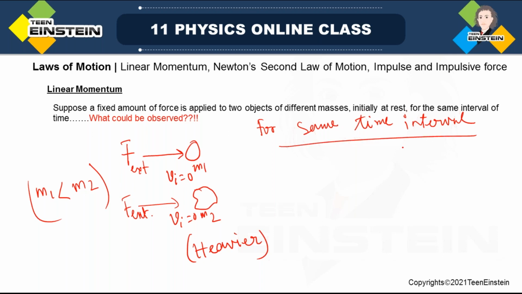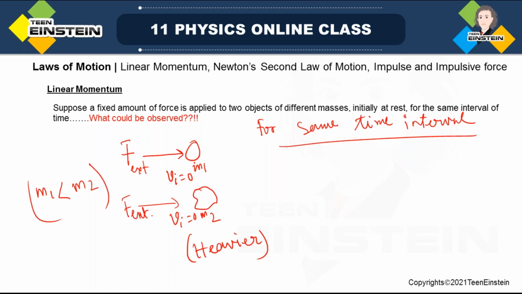Okay, so what are the points? Points are that the objects are different, having different masses, but they are given the same fixed amount of force, and the time interval of application of the force is also the same.